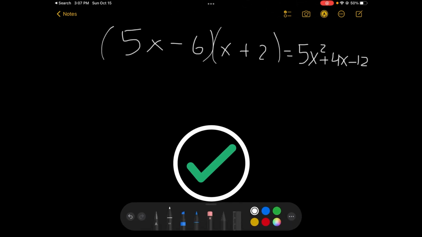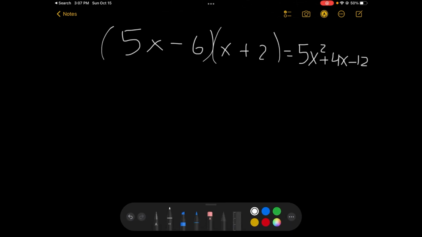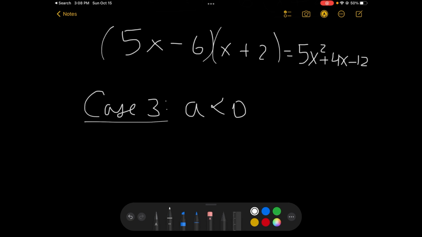Right? And I want to end this video by discussing one more case, case 3. A is negative, or A is less than 0. Well, if A is less than 0, then what you should do is multiply your quadratic by -1, right?